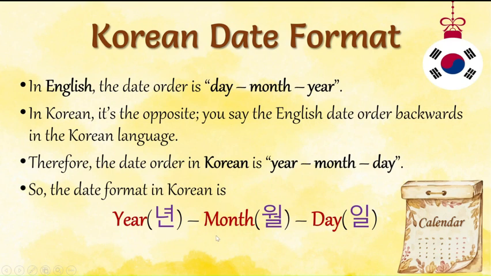Then comes the month, that is the number of the month, followed by the word for month, that is wol. And the last one is day. You have to write the number of the day followed by il, the Korean word for day. Okay, it is very simple.